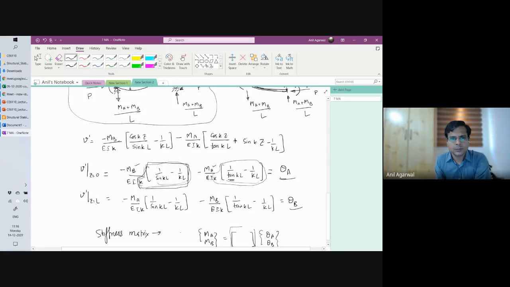So that is the MA term, MA EI by K cos KL divided by tan KL. So this term will be cos KL divided by tan KL, so that will be sin KL at the bottom. And then plus sin KL term will be there, right?